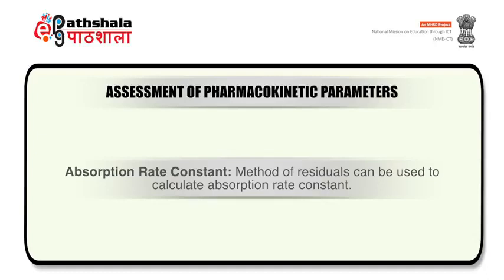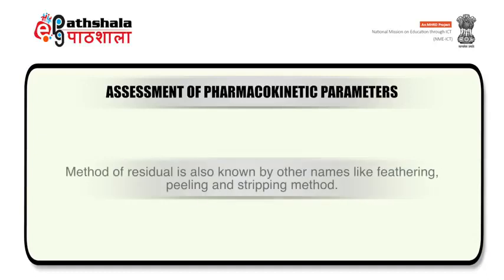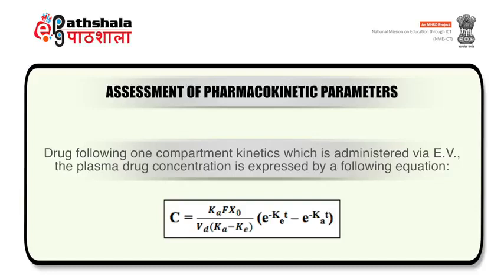Method of residual is also known by other names like feathering, peeling and stripping method, and is used when drug follows one compartment kinetics and is administered by extravascular route.